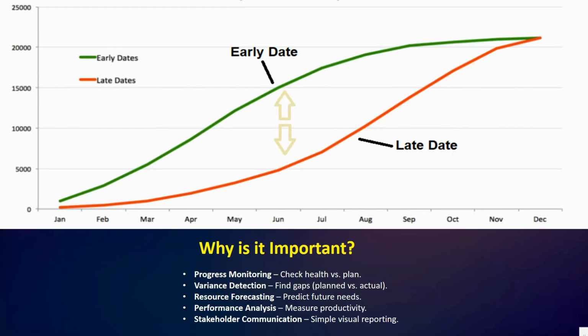In short, the S curve is not just a chart, it's a control mechanism that helps project managers make better decisions, anticipate problems, and communicate clearly with teams and stakeholders. I hope this is clear.